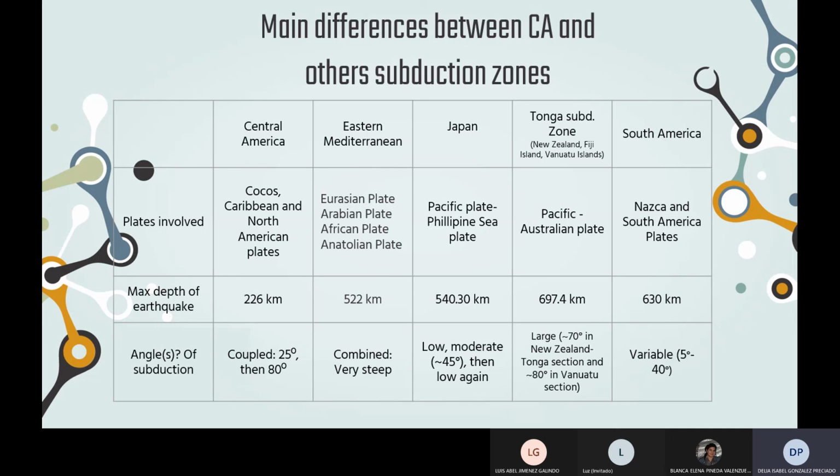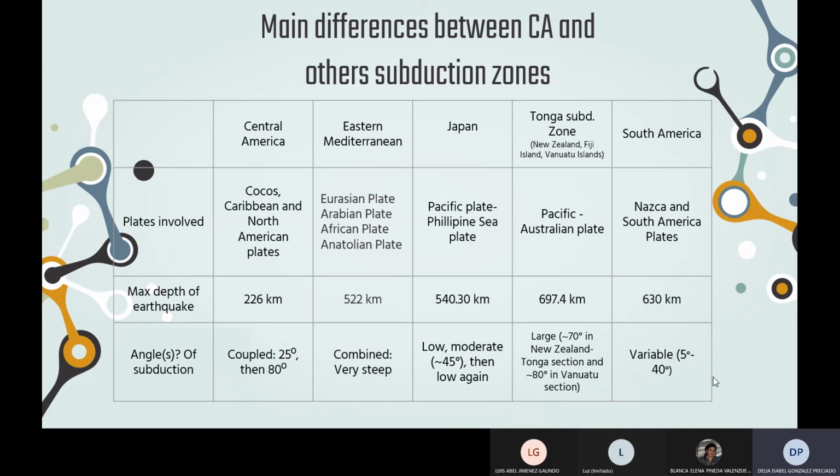Also, regarding the angles of subduction, in Central America we have angles of subduction from 25 degrees up to 80 degrees. And in the other subduction zones, we have from very shallow, like the Eastern Mediterranean, to very large angles.